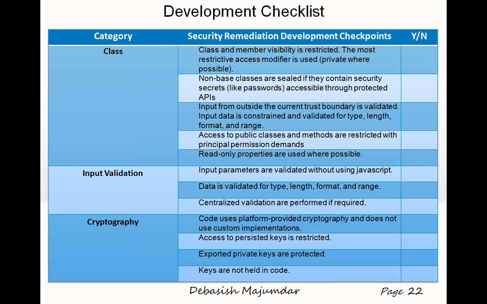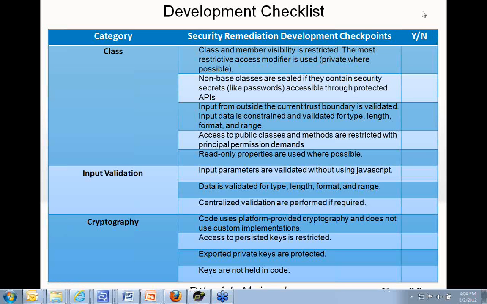Next, we talk about the development checklist. I will provide an example of some checklist which we will have validated at the time of development. One category is the class, and there is input validation on those.